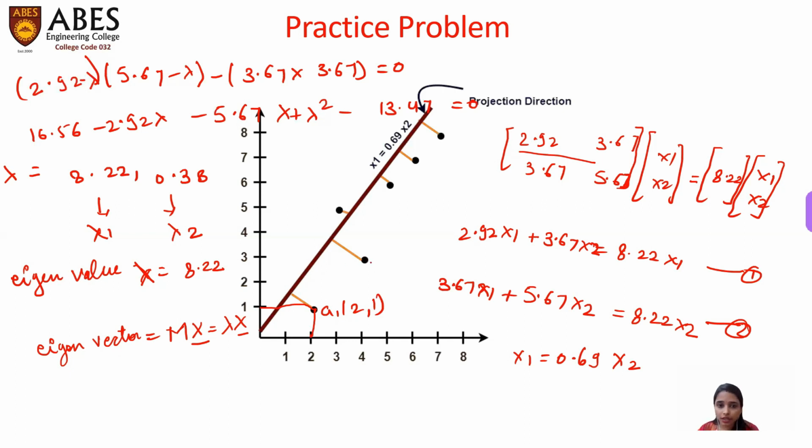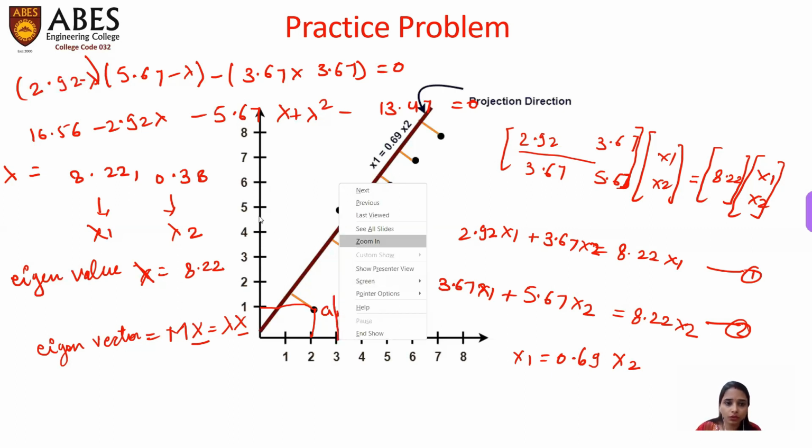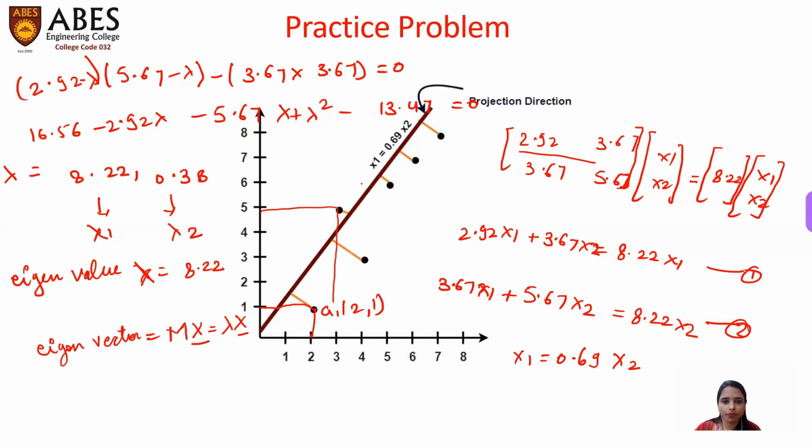The next data point A2 is 3, 5: on the x-axis 3 and on the y-axis 5. Then A3 is 4, 3: 4 on the x-axis and 3 on the y-axis.